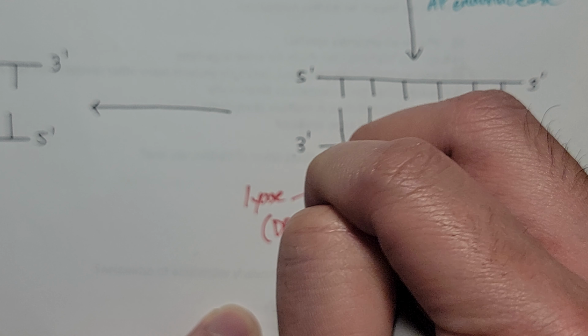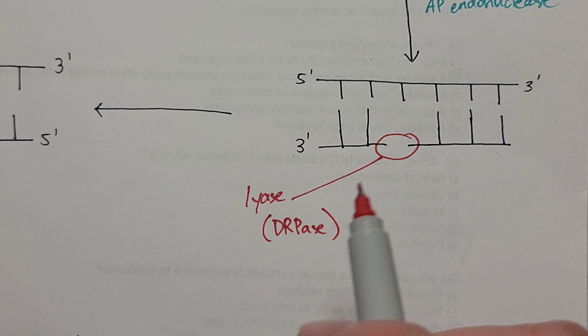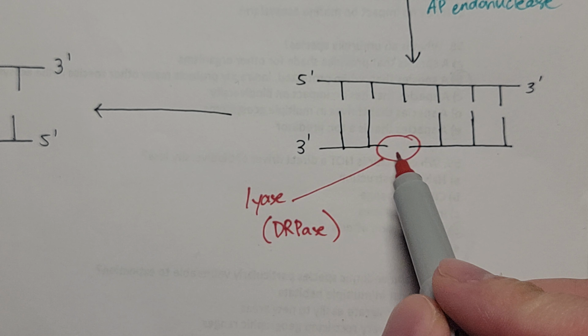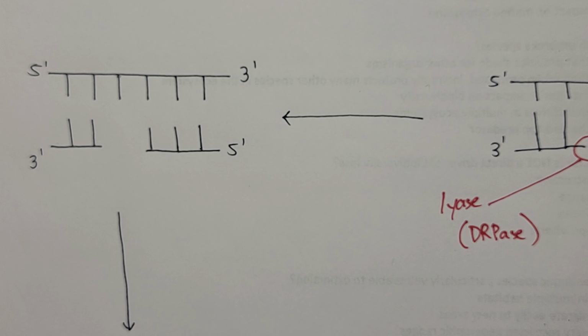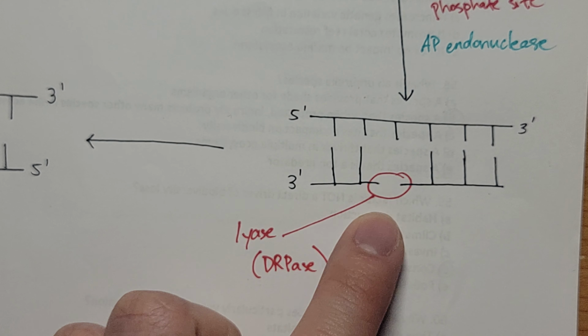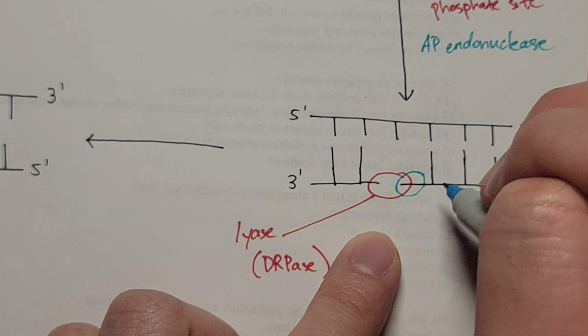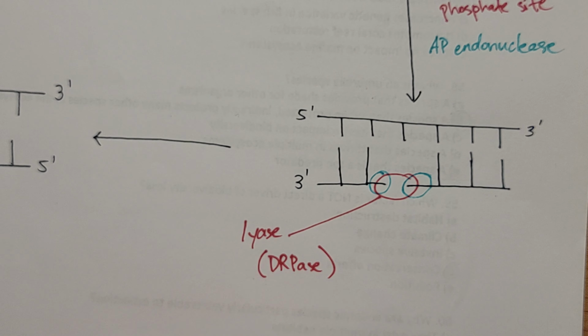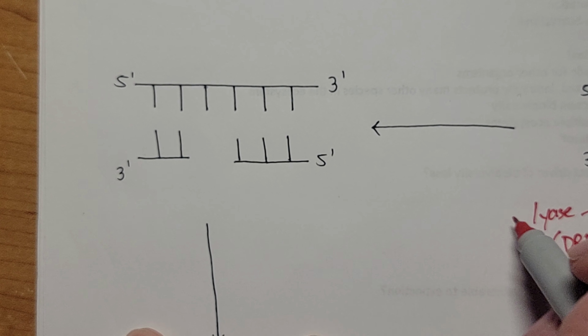You don't really need to remember that, but just to be specific. Now, once this lyase recognizes that there's a cleave on the phosphate backbone, it will literally remove a stretch of DNA over here. So now you will have this product over here.